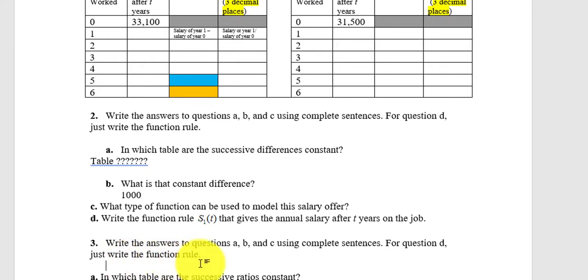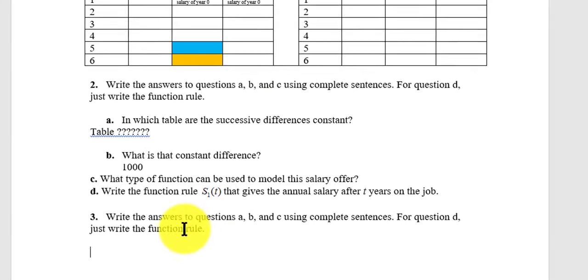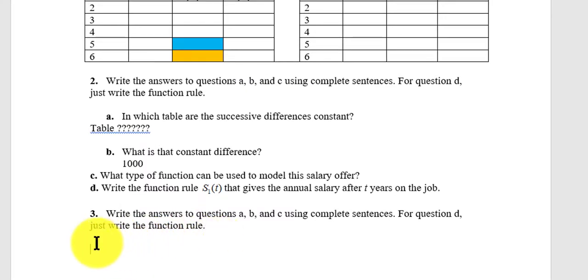And then you'll notice when it says write the function rule, right? So that's either going to be something in the form of y equals mx plus b or y equals ab to the x. But instead of using y, they use the letter s, okay? And instead of using x, they use the letter t. So if you thought this was linear, you might say s equals mt plus b, right?